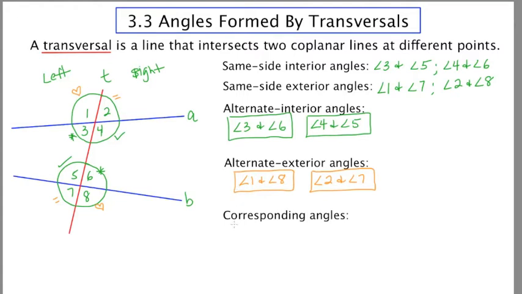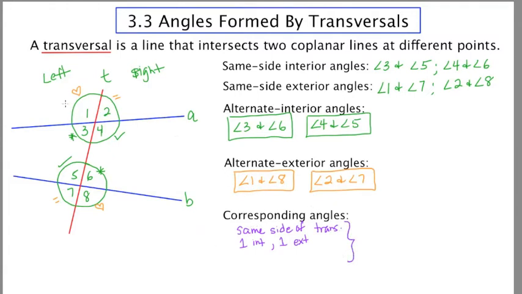So corresponding, I'm going to write a few things down, means same side of transversal, and we need one interior and one exterior angle. So you're going to have one of each. These are the parameters that we need to follow when we're doing this. So same side of the transversal.